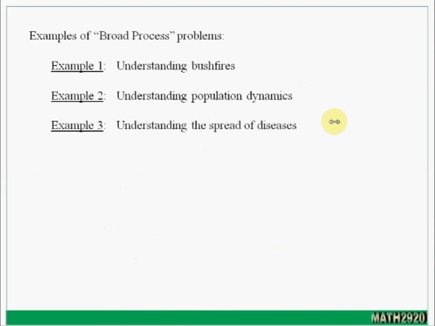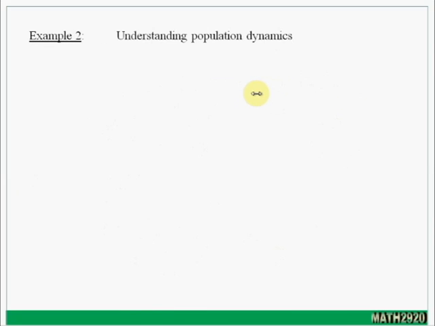So to give a little bit of an example of this, let's pick the middle one here about population dynamics. So here, understanding population dynamics. Let's start off with a simple theoretical model. We're trying to explain why things have happened or understand what's happening here.